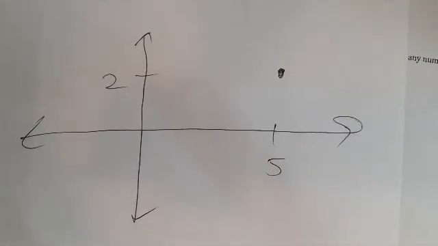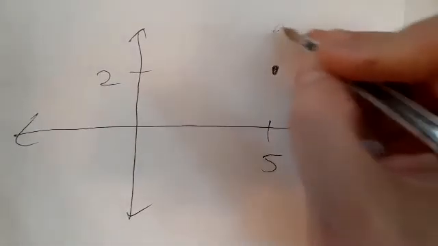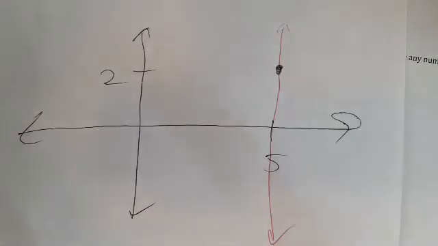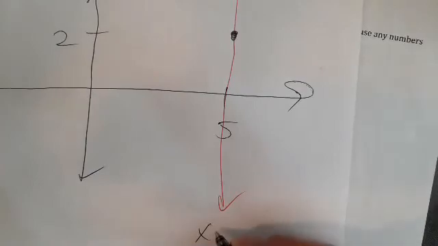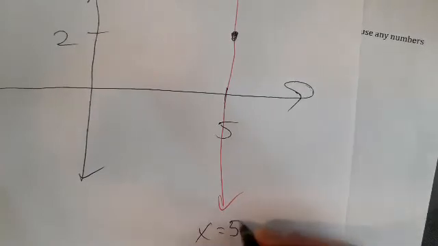If you need to draw a graph, you can draw a sort of graph for this thing. And if I want the vertical line, I draw a vertical line through that. What is my vertical line going to be? I'm hoping you're telling me this is x equals 5.